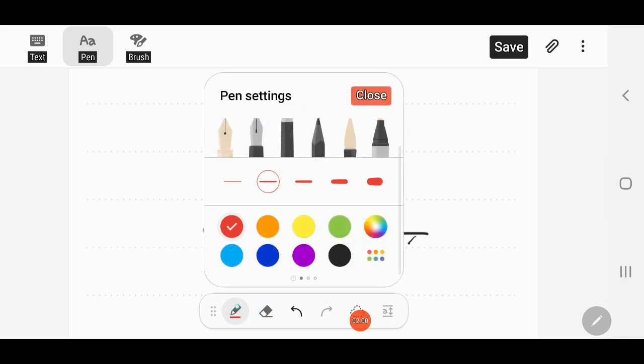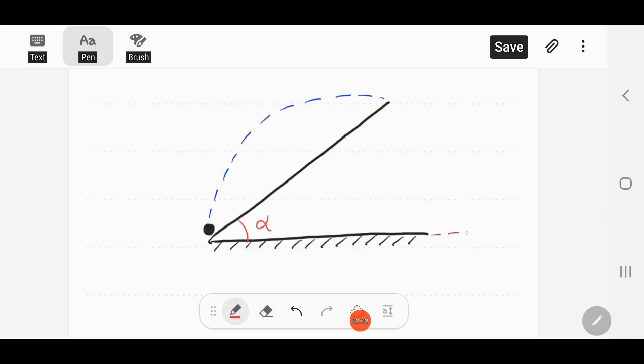If we consider this horizontal axis to be our x axis, then this is our shifted x axis, which we name x dashed, and the one perpendicular to the x dashed axis, we name y dashed or shifted y axis.